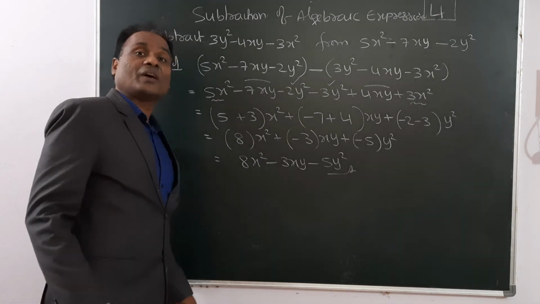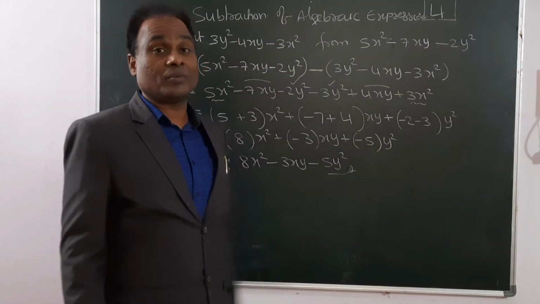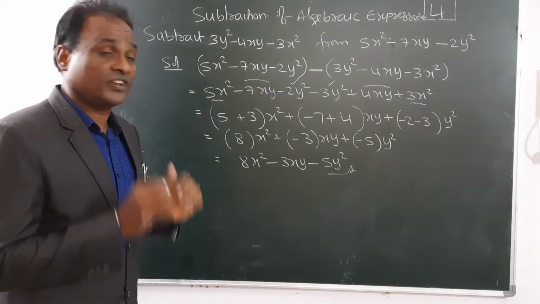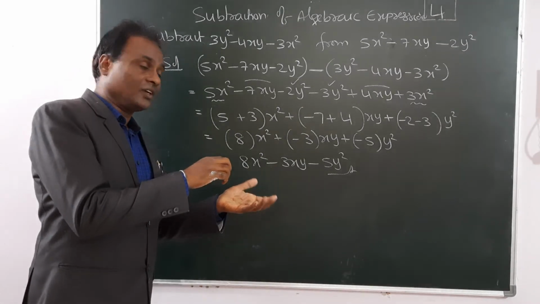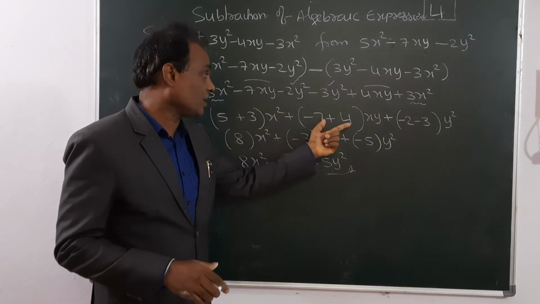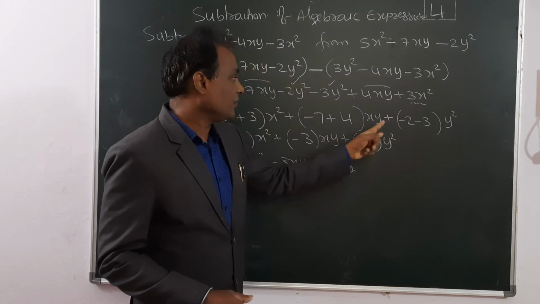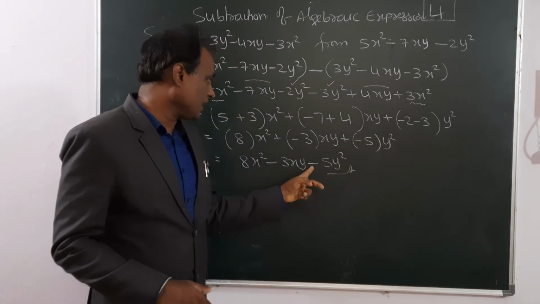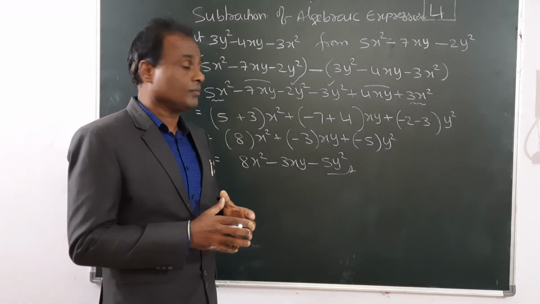Like this we can subtract one algebraic expression from another algebraic expression. The only confusion is plus into minus, plus into plus, minus into minus. If it is one minus term and one plus term, how to simplify? Both are minus, how to simplify? If it is plus into minus, what will we get?